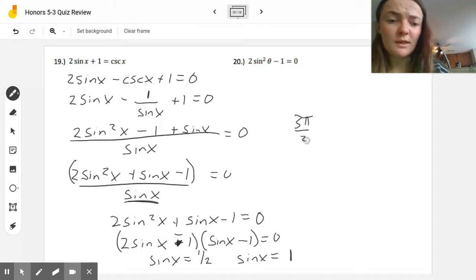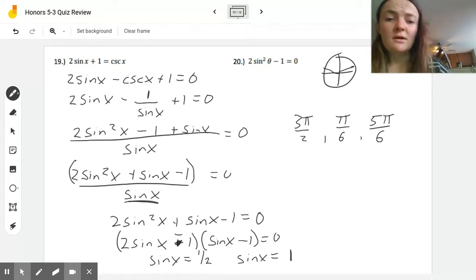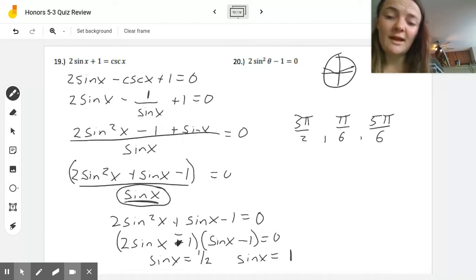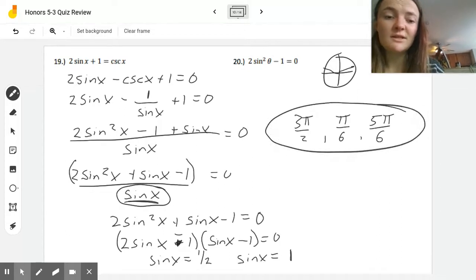And sine x is equal to a half here and here, so pi over 6 and 5 pi over 6. All right, just to be clear, I want to make sure that none of those values yield a 0 in the denominator. They can't, because the only denominator I have is sine x, and all of these values don't give sine x a value of 0. So this right here is the solution for x.